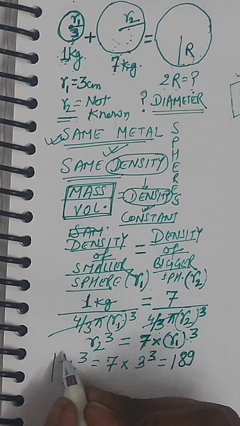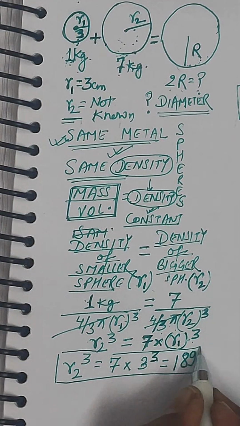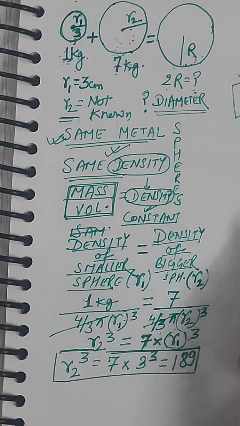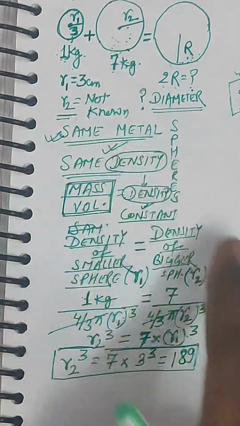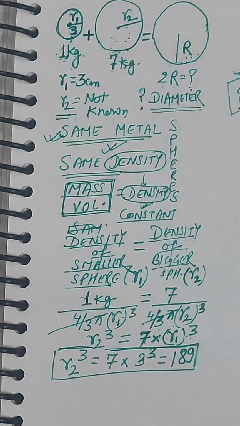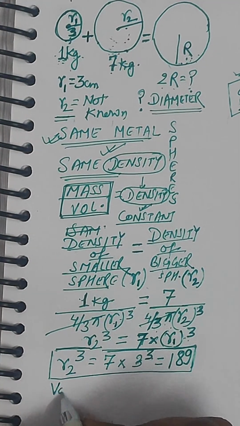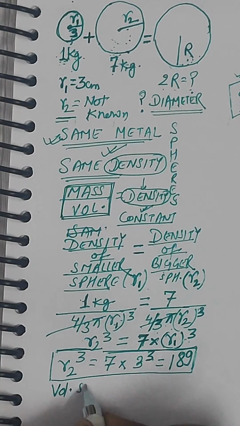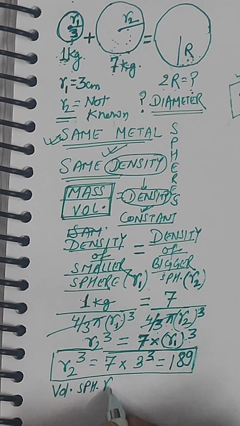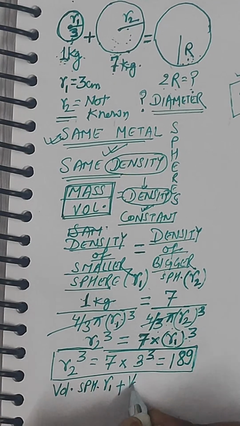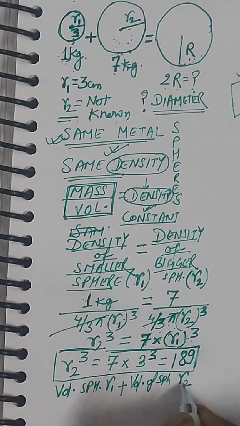Now, since we know the value of R2³, let us use this relation to calculate the capital R. Now we have the value of R1 and the value of R2. Now it's very easy to calculate this capital R, the biggest sphere which is formed. We take the volume of the smaller sphere with radius R1 plus the volume of the sphere with radius R2.